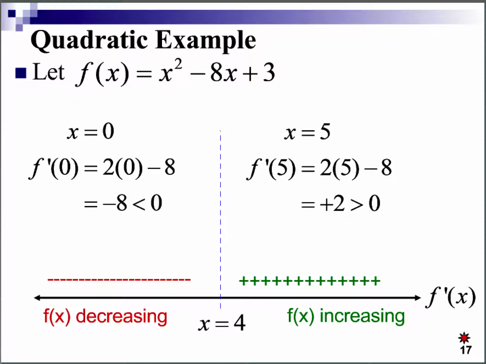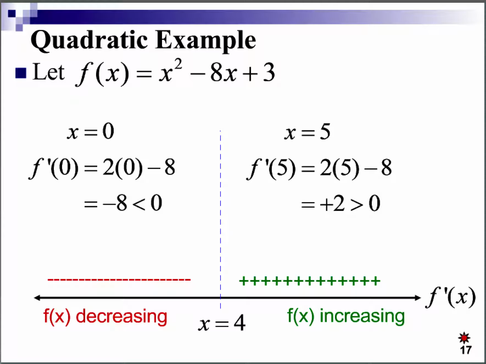One more thing. Think about this question. Is there any way that this function could change its derivative sign, let's say, way off to the right? Let's say out at x equals 3 billion. Is there some chance that the derivative sign could change from positive back to negative?